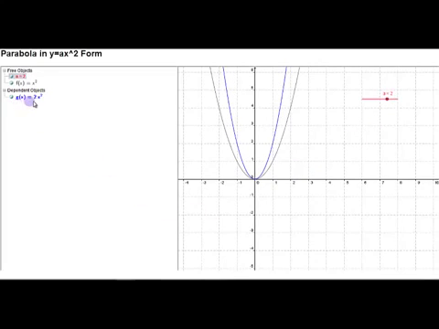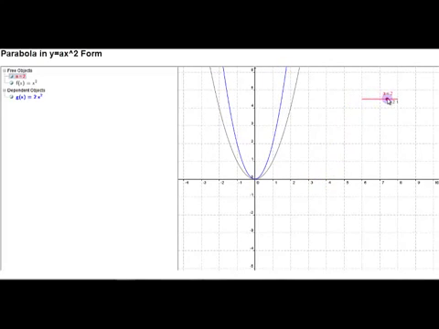So now the equation is g of x equals 2x squared, and you can see that's the blue equation. Okay, and the gray equation you can see is the standard parabola f of x equals x squared. So when we made the coefficient, the a, 2, then it made the parabola look narrower.